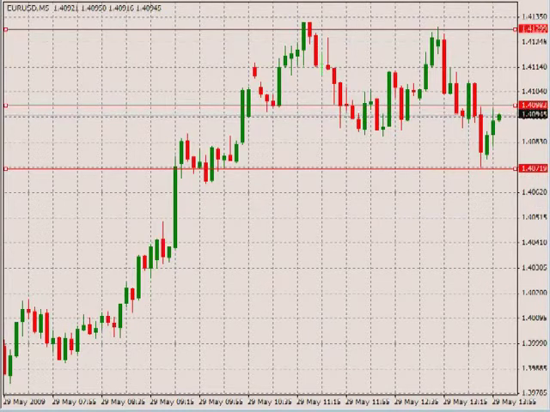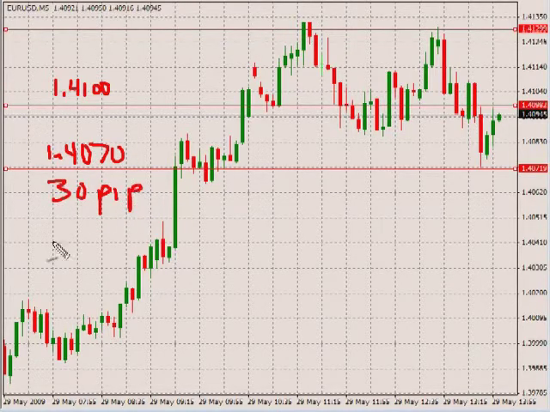And so if we recalculate this, we can see that our entry is going to be at 1.4100. Our initial stop is 1.4070. So we've got a 30 pip risk. We take half of that. It's going to be 15 pips.